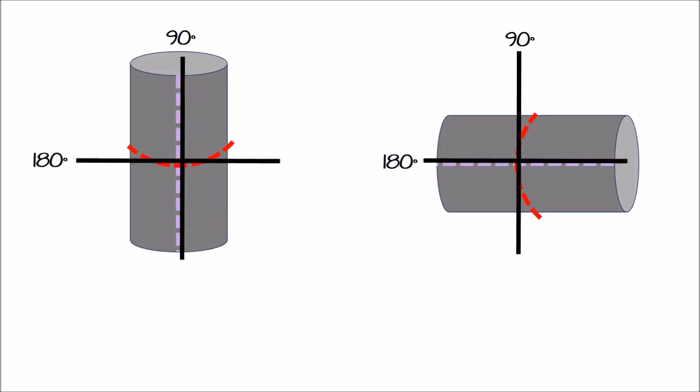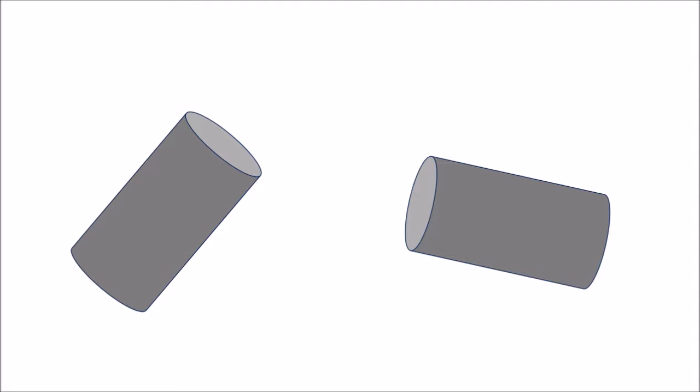Now, the axis meridian and the power meridian are always going to be 90 degrees away from one another because you're always going to have a long side of the can and a short side of the can. You won't always have them oriented at 180 or 90 degrees. Sometimes your can will be diagonal.